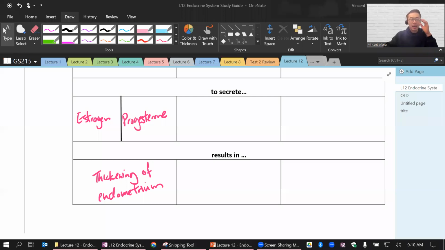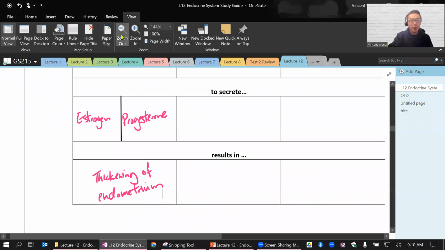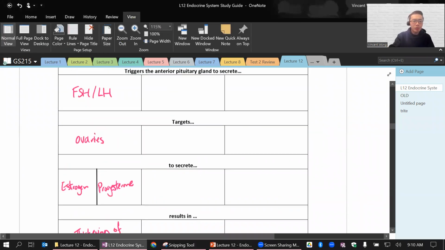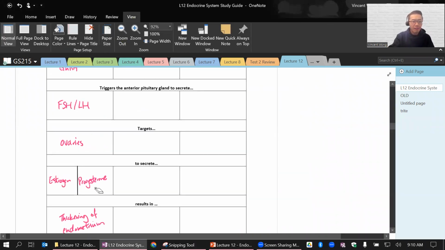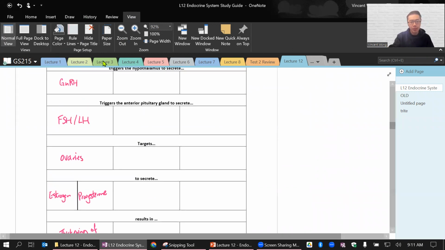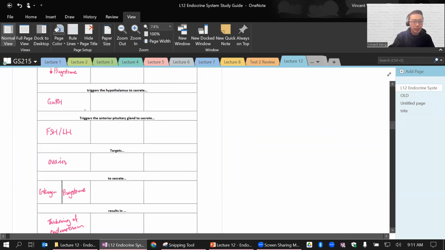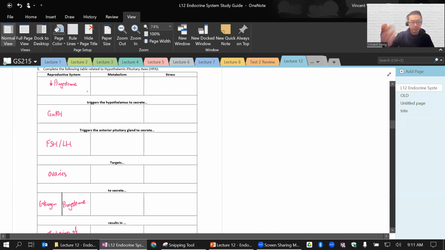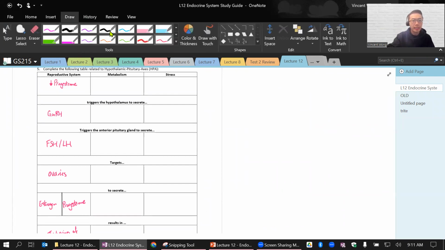Sorry about that, guys. Okay, so both of them lead to the thickening of the endometrium, right? Now, the estrogen has a different effect than the progesterone on the hypothalamus and on the anterior pituitary gland.